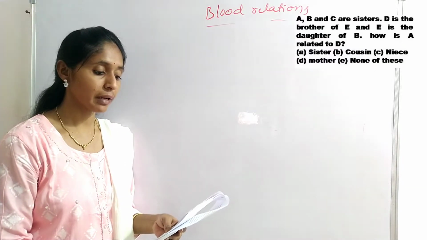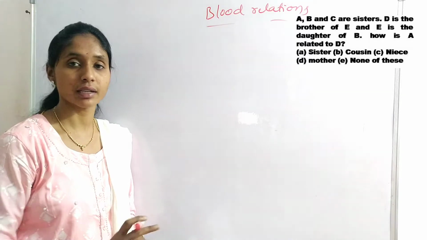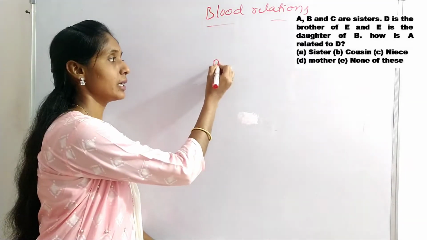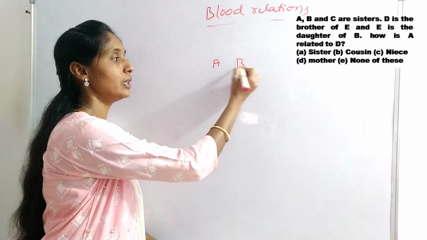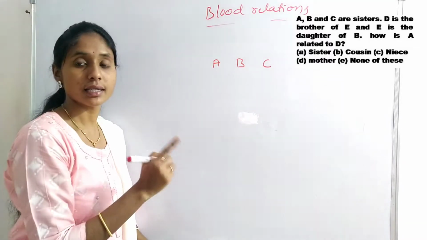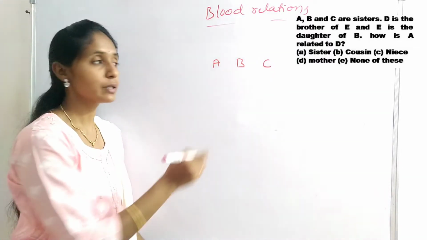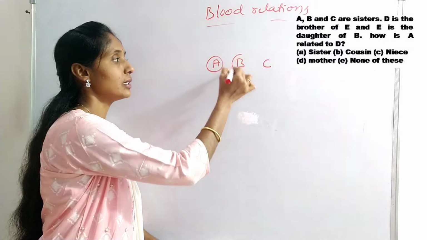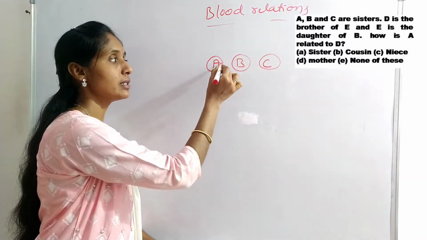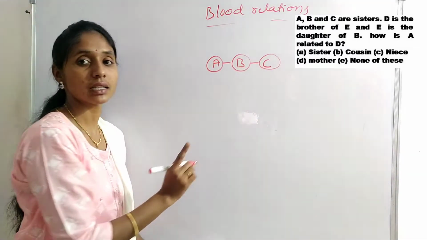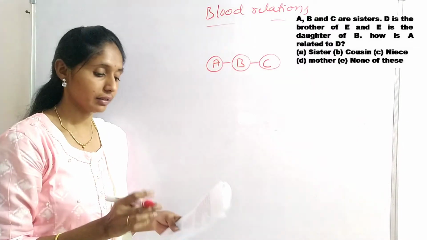First question: A, B and C are sisters. Sisters means female, so circles, connected with a single line.